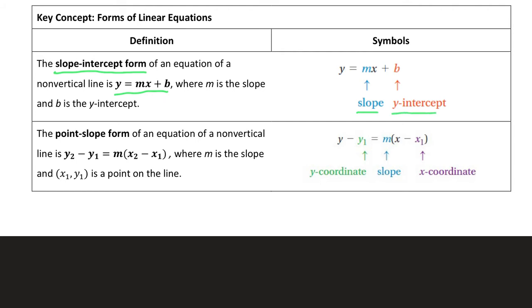The other form is point-slope form, and that's y minus y1 equals the slope m times x minus x1, where m is still the slope, and this x1 and y1 is a point that's on the line. So this is a nice little breakdown of the parts of point-slope form. So you might have to flip back and forth to reference this on the next page.